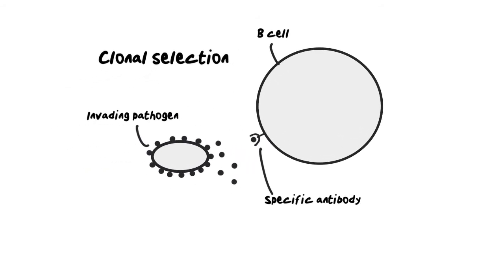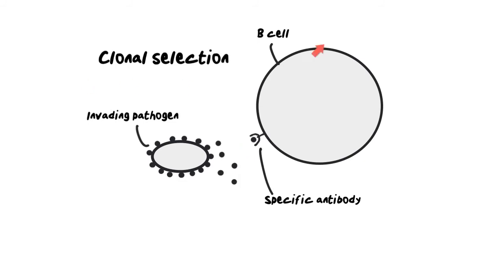Okay, so with humoral immunity, if you remember, we said it is in response to detached antigens from the cell surface of an invading pathogen. We have the B cell here, and we have the specific antibody to these antigens on its cell surface. The antibodies will bind to the antigens here, and we call this clonal selection. So this particular B cell with its specific antibody will attach to the specific antigen.